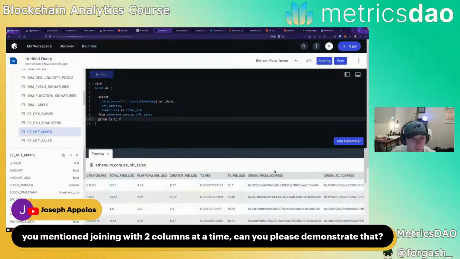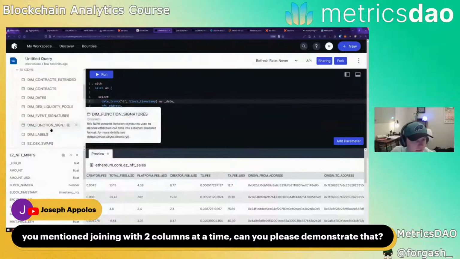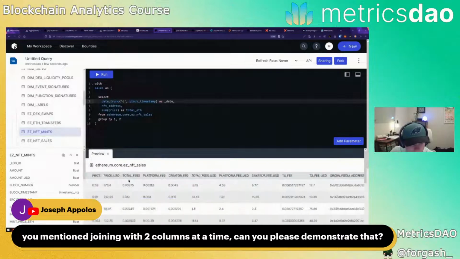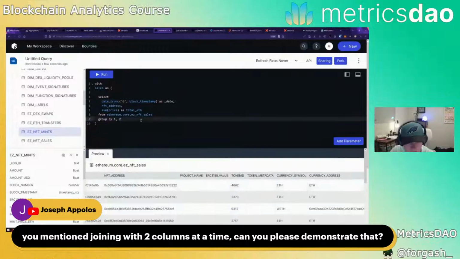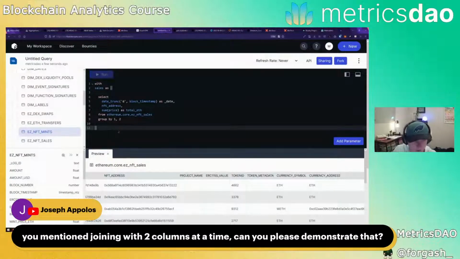And then we're grouped by 1, 2 here, because what we're looking to do is sum up the ETH sales by NFT address for each date. For an example, I don't know if I want to just let it do every single NFT contract out there. That might be a lot, but we'll see. Maybe I'll apply a filter in a second.